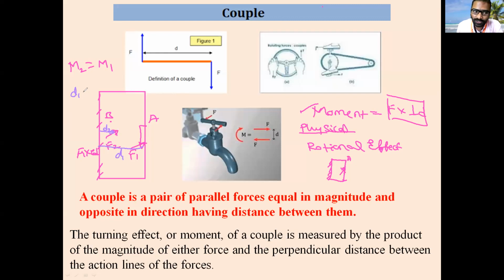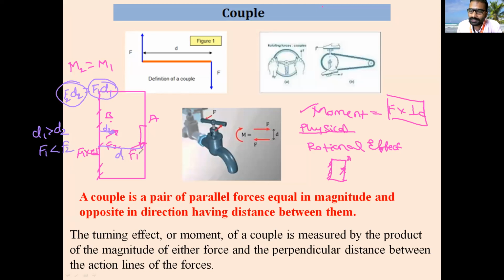If D2 is less, then F2 is more. Ultimately the product F2 into D2 should be equal to F1 into D1. The moment should be the same, but as D1 is greater than D2, F1 is less than F2.